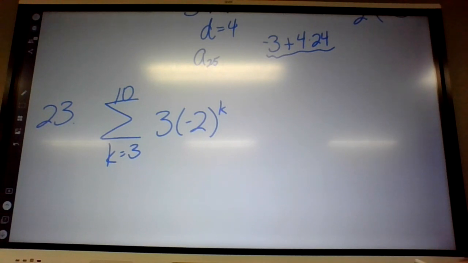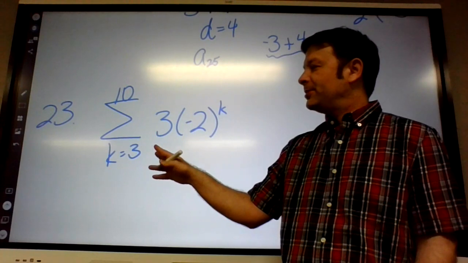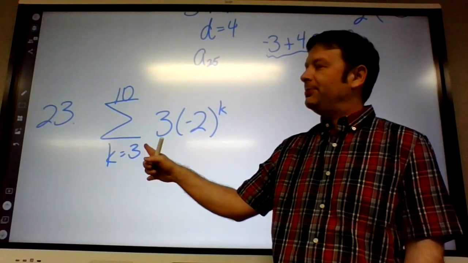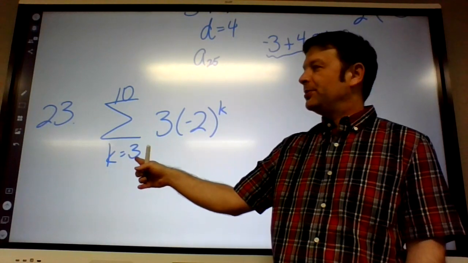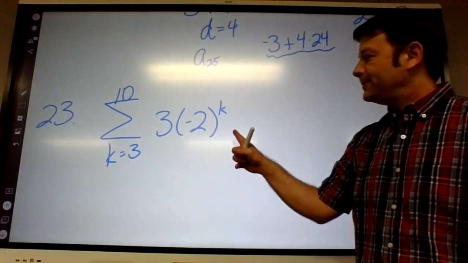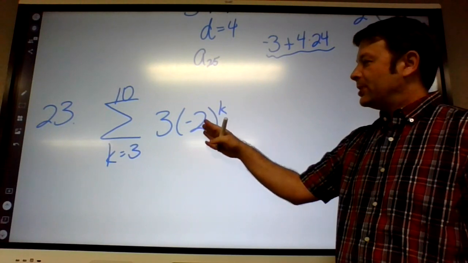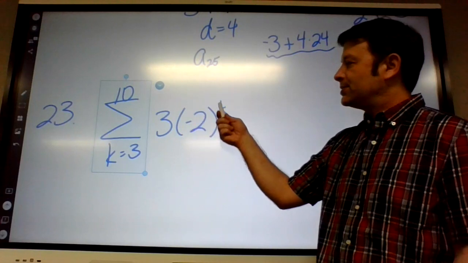Okay. On this one, it's kind of a similar idea. This one is kind of tricky because we're not starting with k equals 1, which makes this a little bit of a trick question, but I'll help. How do I figure out what the series is going to be? I'm going to start by plugging in k is 3.